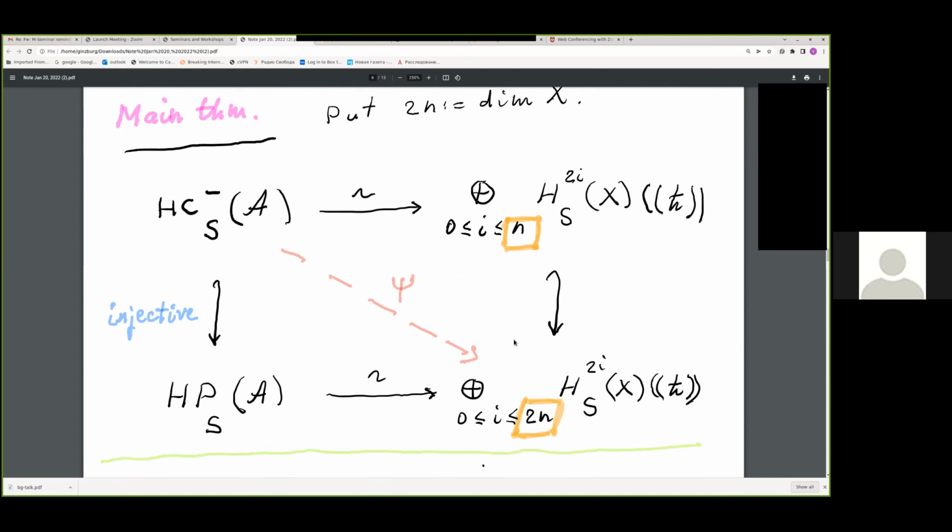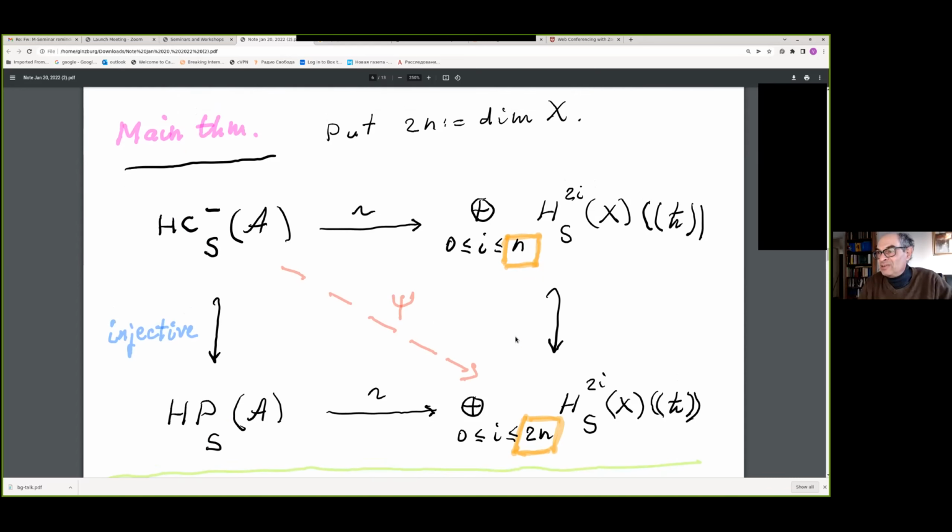Okay, so X is symplectic, so its dimension 2n is even, and n is half the dimension, and this is what happens. First of all, we prove that both periodic and cyclic homology can be related to de Rham cohomology, and that's why I'm using this explicit definition of cyclic homology in terms of complexes.